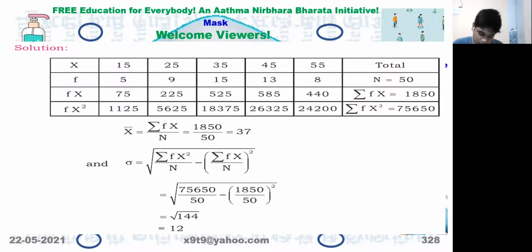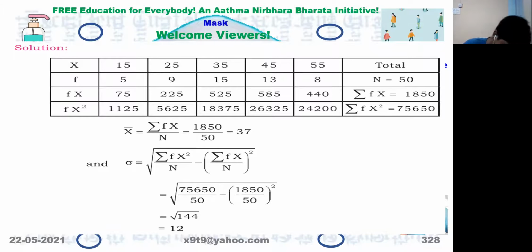F into x. So, what is in the f column and what is in the x column, those two multiply and write. 75, 225, 525, 585, correct, 440.